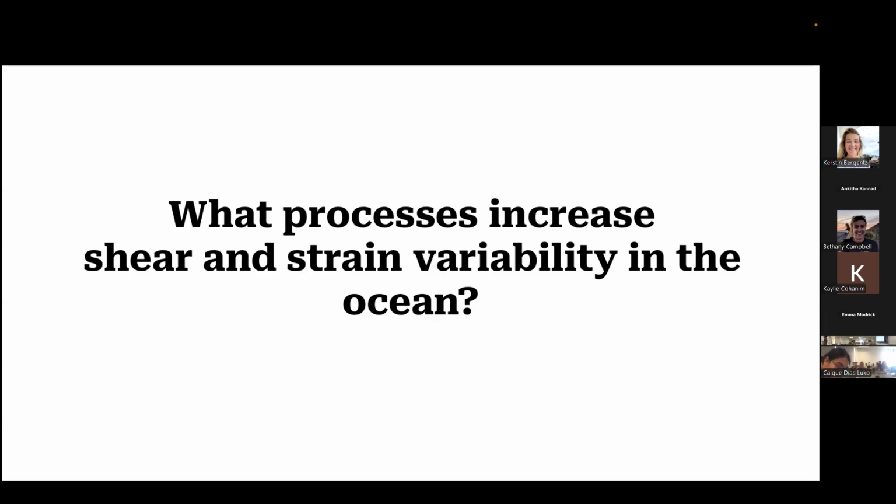A lot of the processes that drive high shear and turbulence are also going to drive strain variance, but there are some processes that generate strain variance that are not related to shear-driven turbulence. So can you tell me some processes you think increase shear in the ocean?